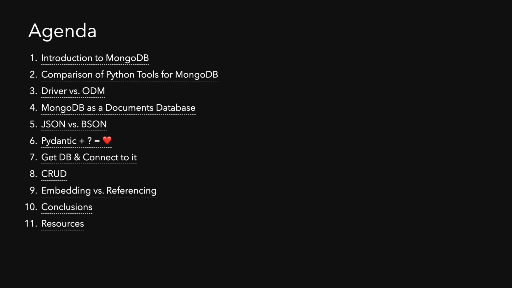Next, again, the comparison JSON versus BSON, and after that, we will discuss Pydantic and some libs. I hope we'll find some love. Then, of course, we need to get a database and connect to it. Of course, CRUD, embedding versus referencing, and in the end, conclusions and resources.